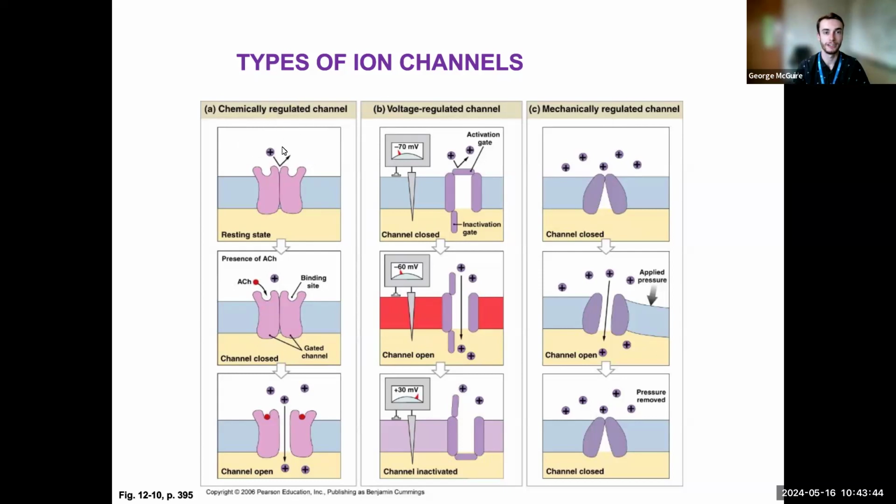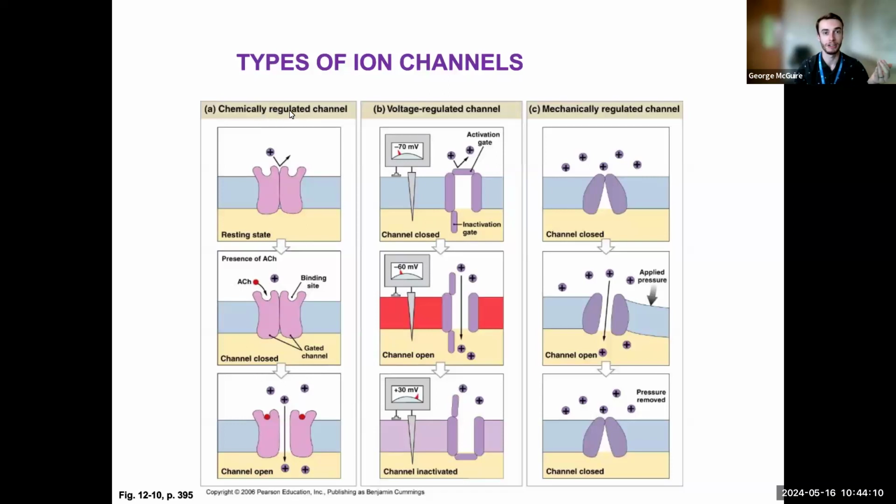So a majority of the signal starting for our neurons is going to come from chemically regulated channels. Some sort of molecule, like a neurotransmitter or a hormone, binds with this protein channel, which causes it to change shape and open up, which now allows for the diffusion of more ions.